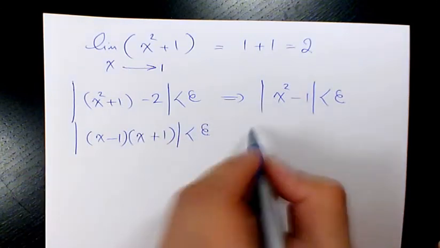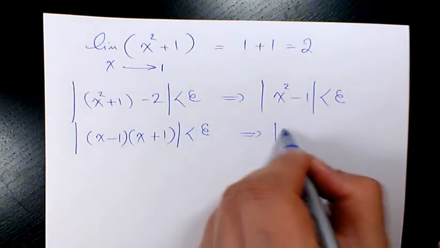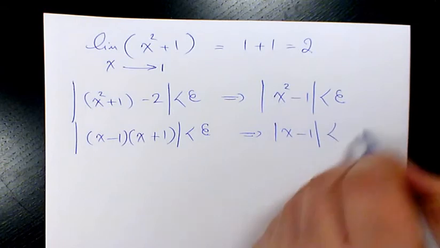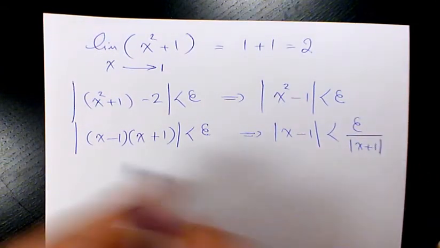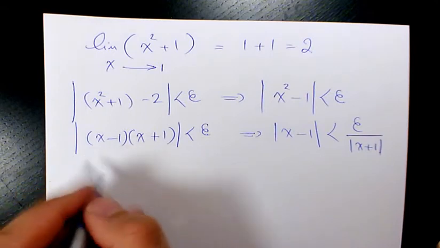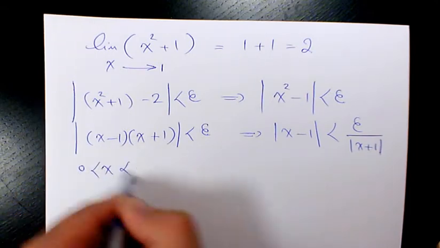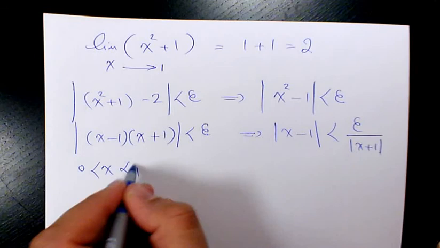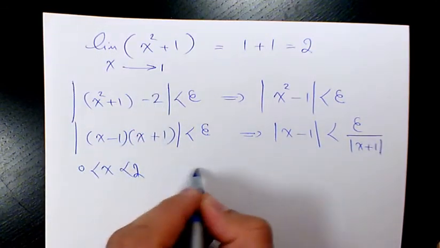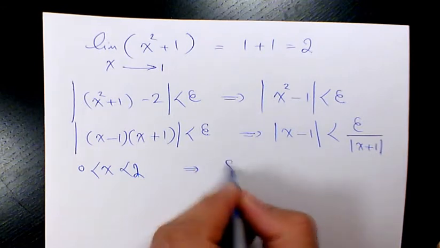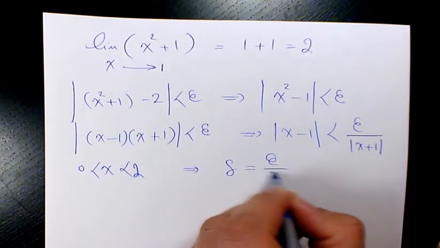We keep the absolute value of x minus 1, less than epsilon over the absolute value of x plus 1. So if we assume that x is between 0 and 2, because that's around 1, we can say that delta is epsilon over 3.